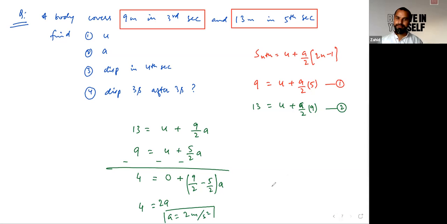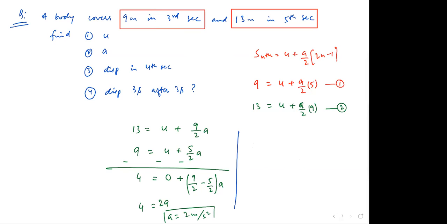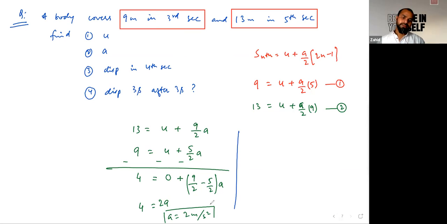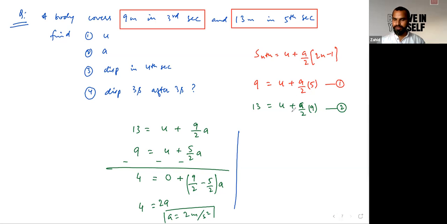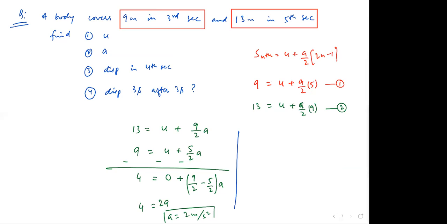Khalid, is it clear? Good. Hamza, any doubt? No, sir. Now just try to put this value of a in any of these two equations to obtain u. Khalid, have you solved again?